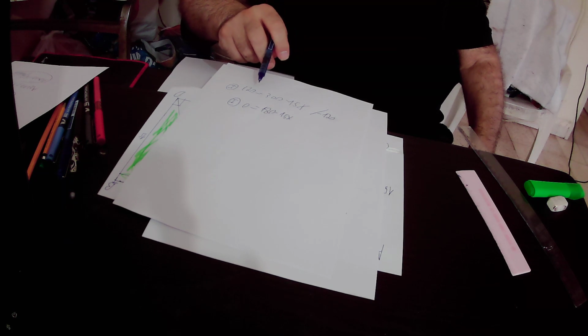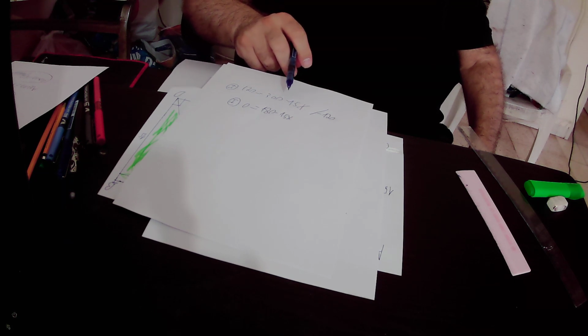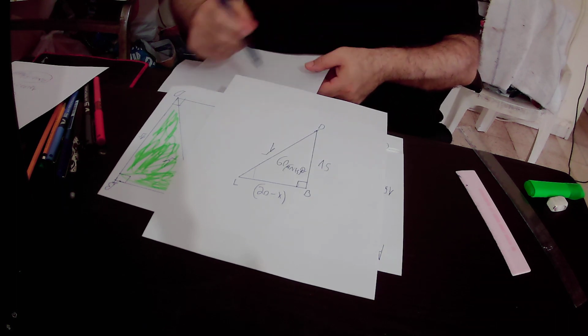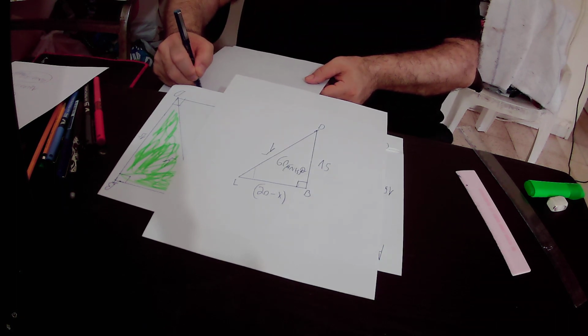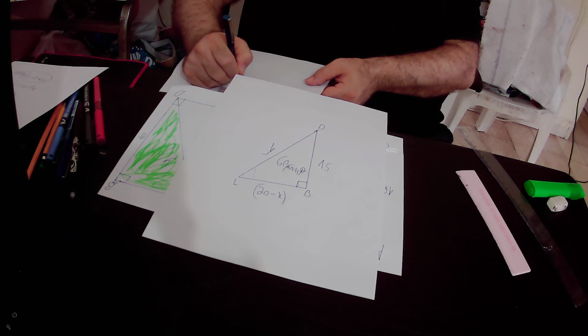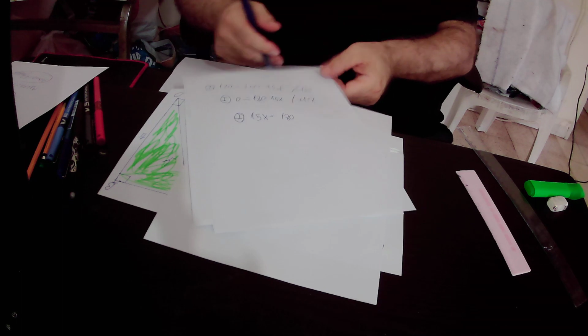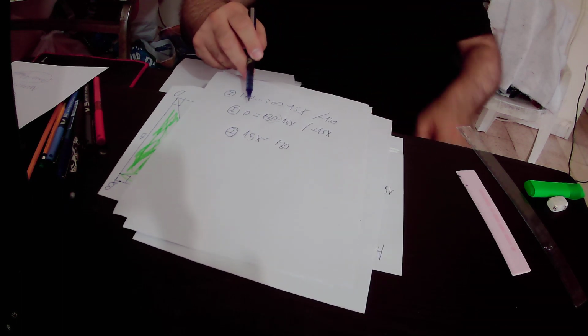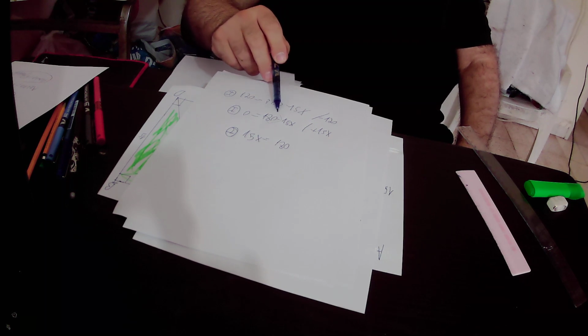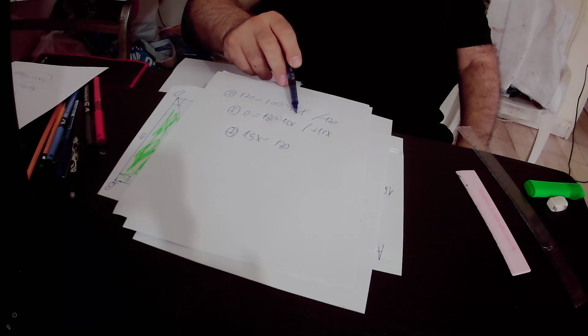So we got in total that 0 equals 180 minus 15x. Now we will add 15x to this equation. 0 plus 15x is 15x, and 180 minus 15x plus 15x equals 180.